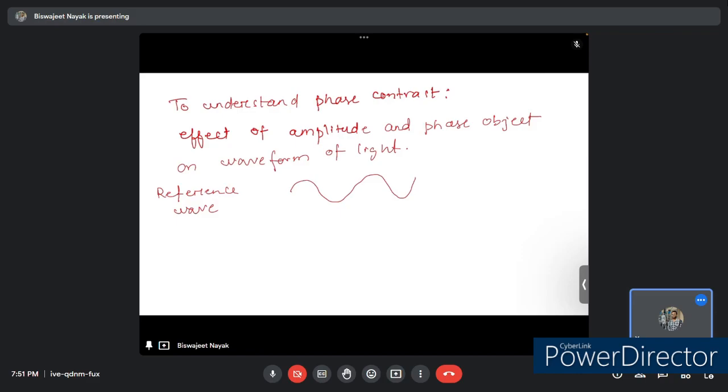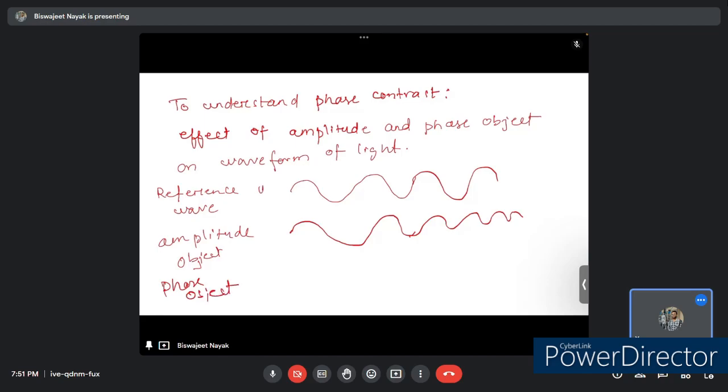Let's say we have an amplitude object, that is, its property is that it changes the amplitude of the given waveform. And a phase object changes the phase of the reference wave.